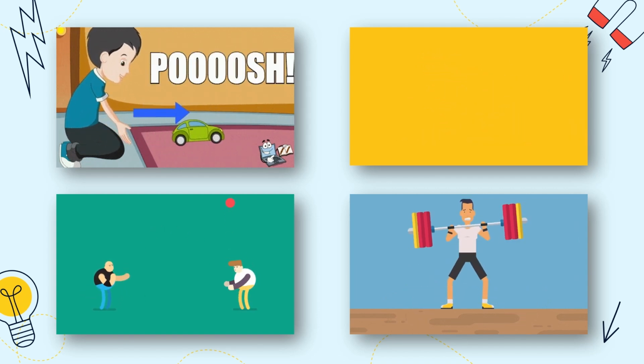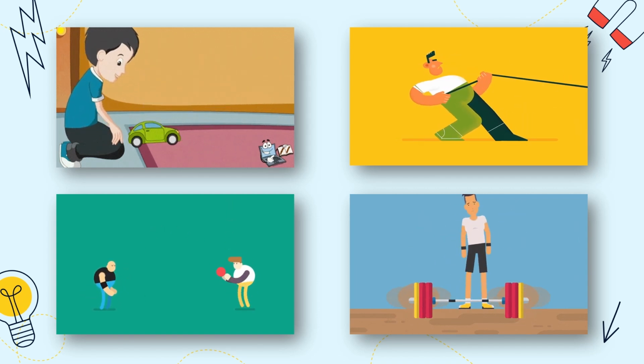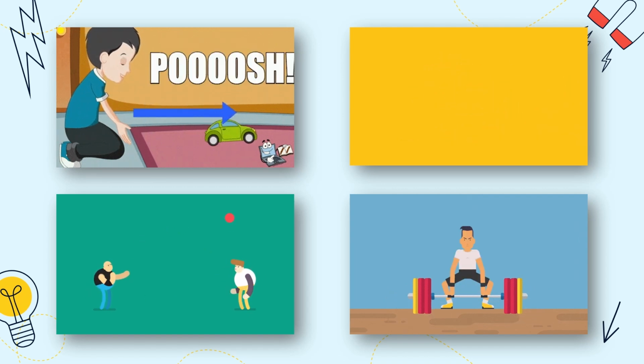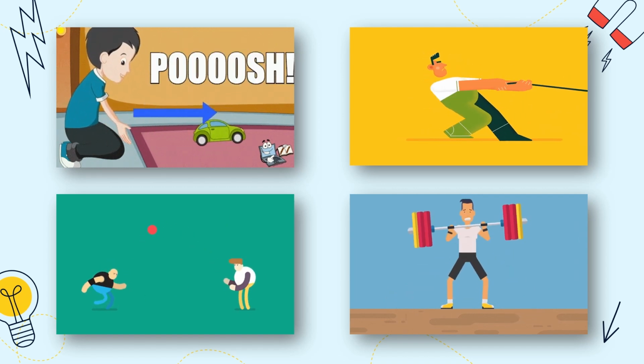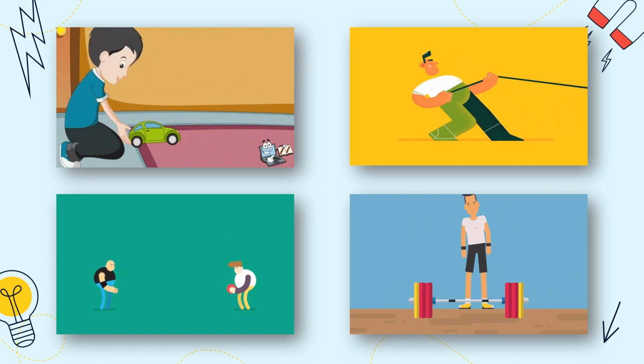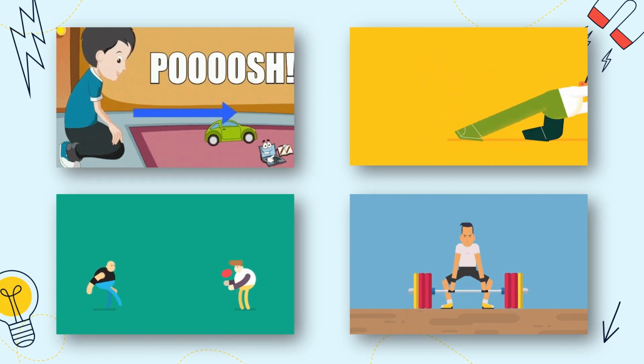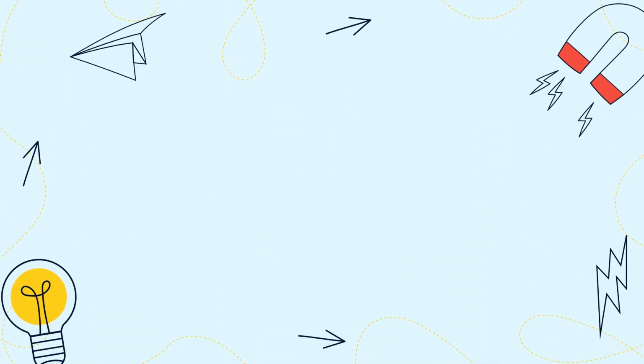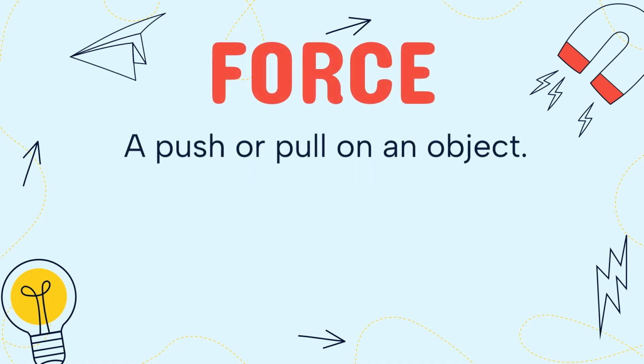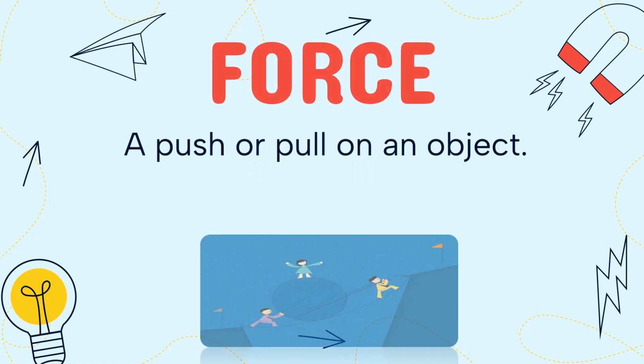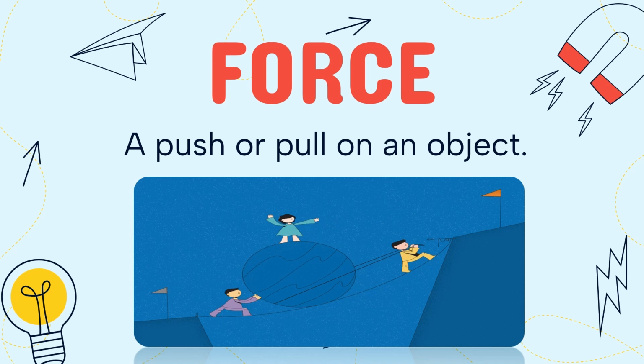So what do these actions have in common? All these actions involve force. So what is force? Force is a push or pull on an object. To move something, you need to use force. So I repeat again, a force is a push or pull on an object.